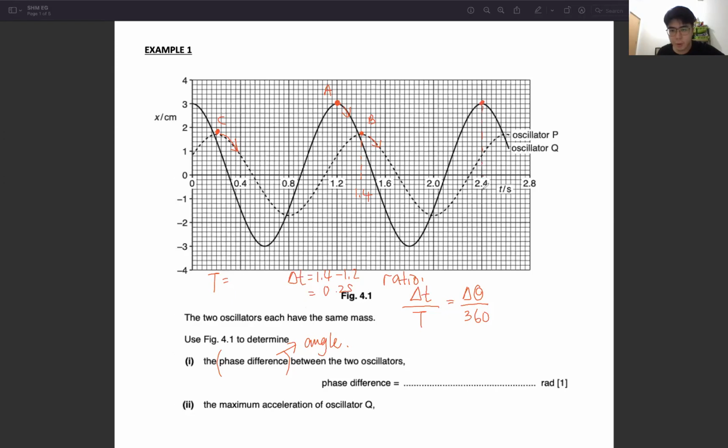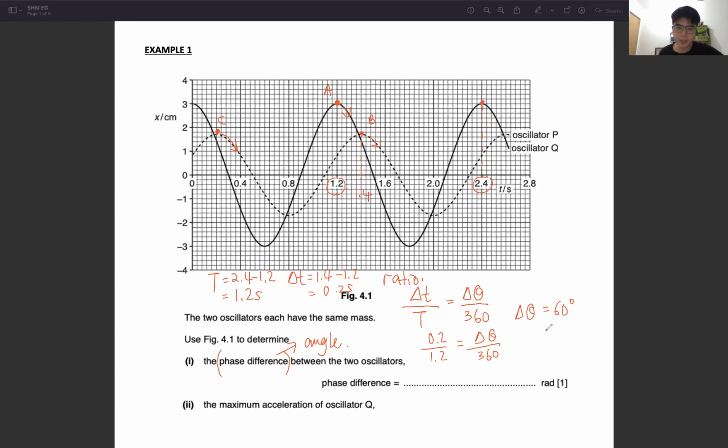So we have 2.4 and 1.2, right? So 2.4 minus 1.2 equals 1.2 seconds. Put in here, 0.2 over 1.2 equals change in angle over 360. And then we find that the angle is 60.